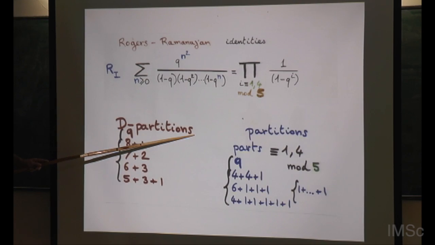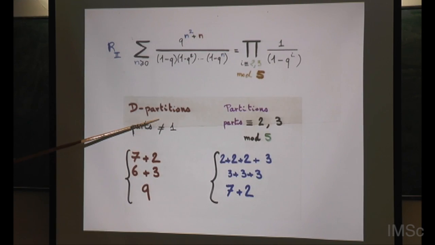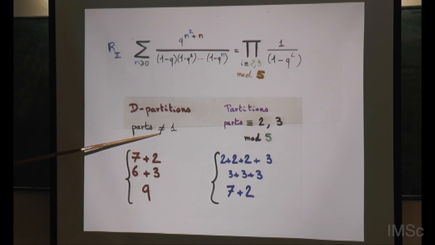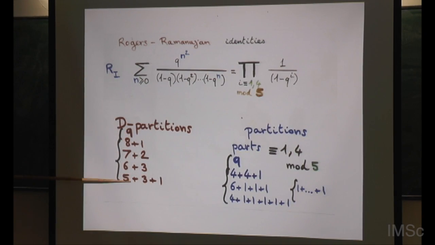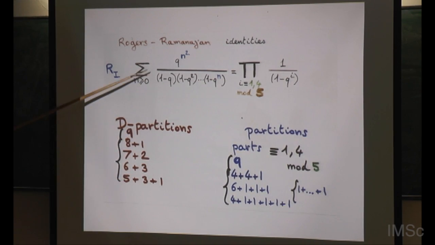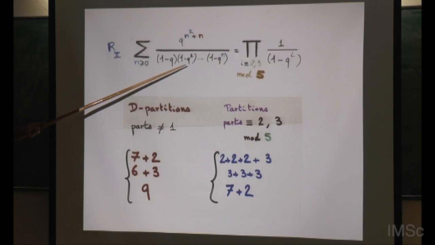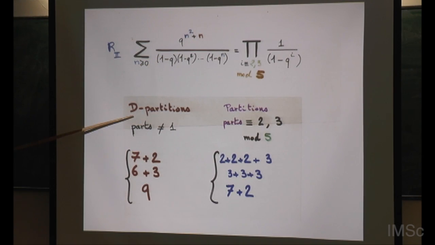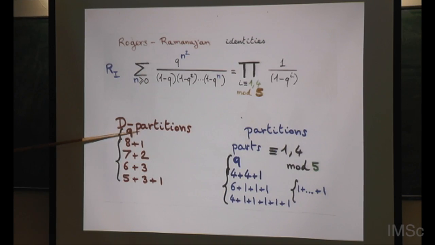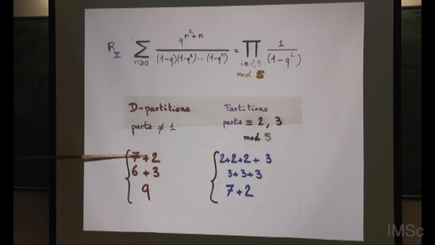It's exactly D-partitions with no part equal to 1. See, here I have 5 partitions. When I shift this by n, it means you eliminate all the D-partitions having a part equal to 1. So instead of 5 partitions, I have only 3 partitions now.